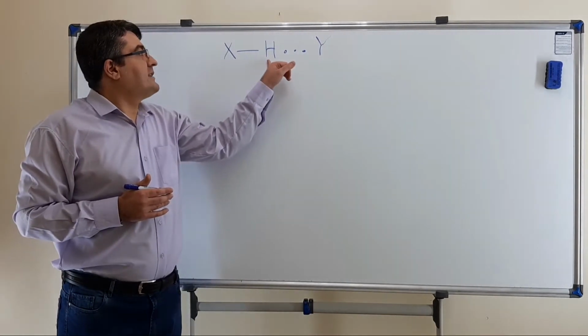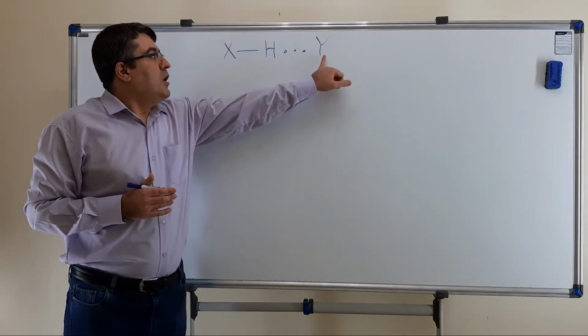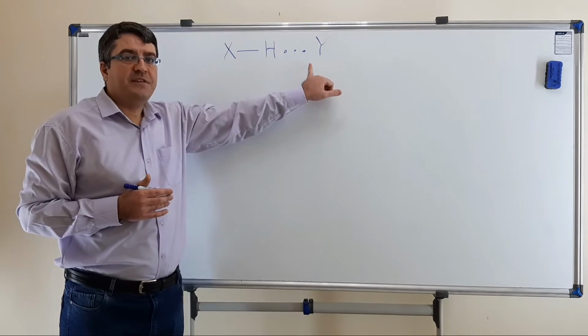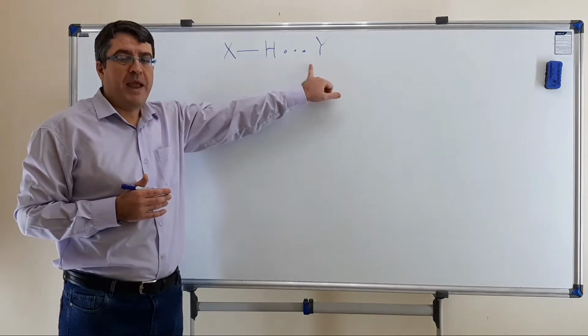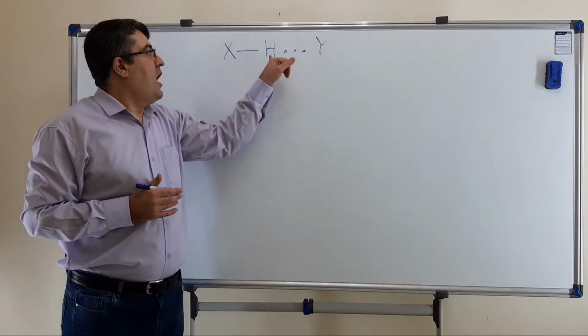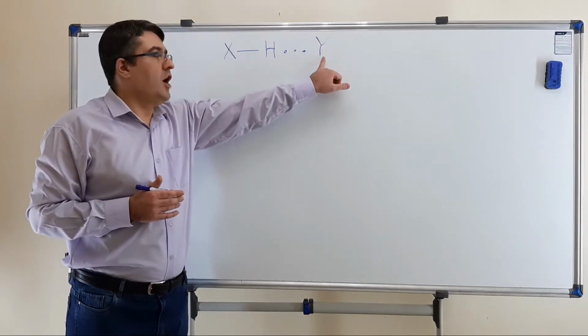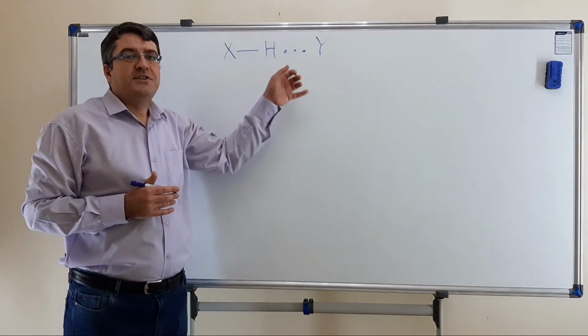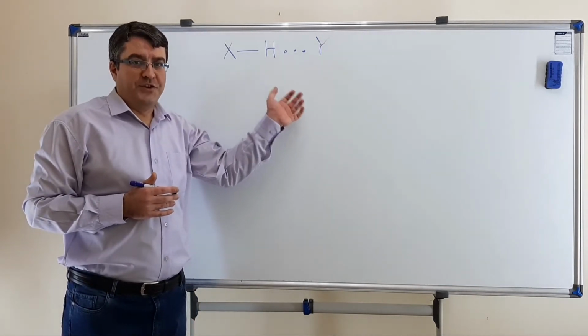In fact, it is attracted to the lone electron pair of Y as a region of negative charge. Based on this point of view, when positive charge on hydrogen or negative charge on Y increases, the strength of hydrogen bond increases.